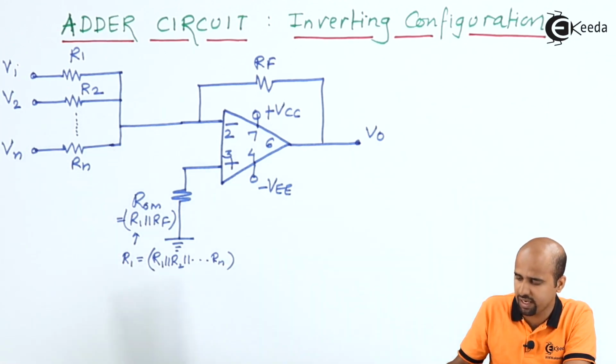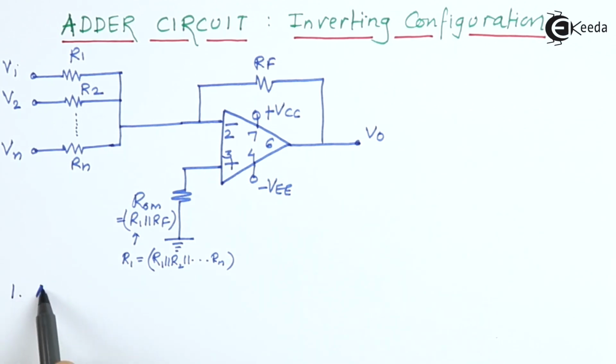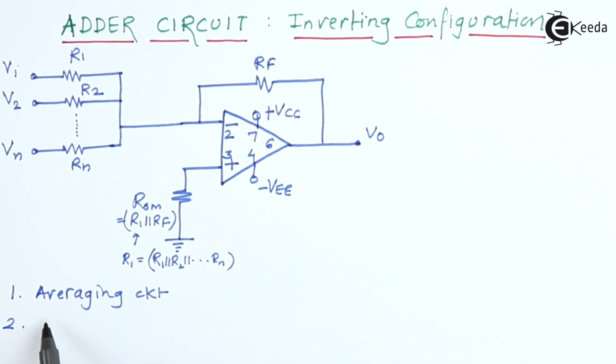Now how to analyze this circuit and why do we name it the adder circuit? First of all, we will categorize it into three parts. First is the averaging circuit. Second is the summing amplifier circuit.